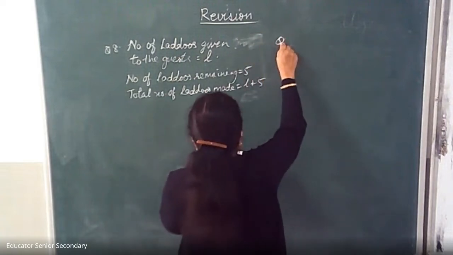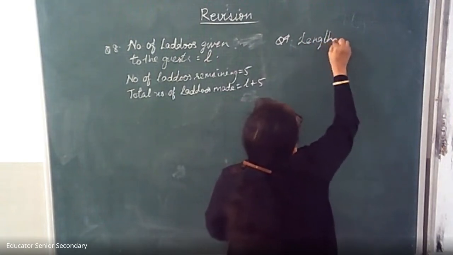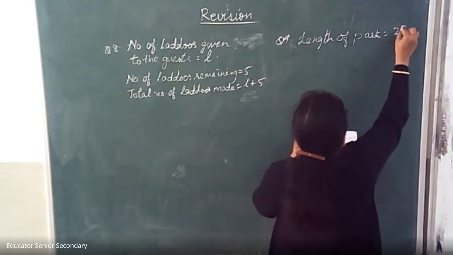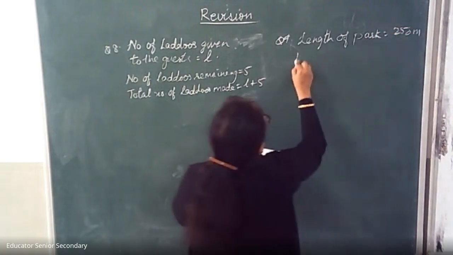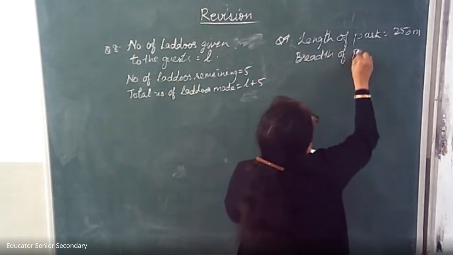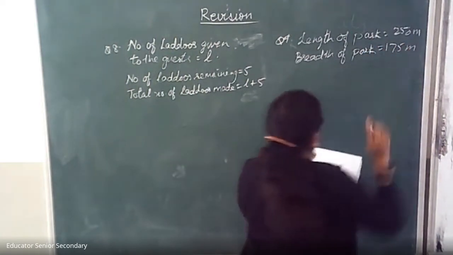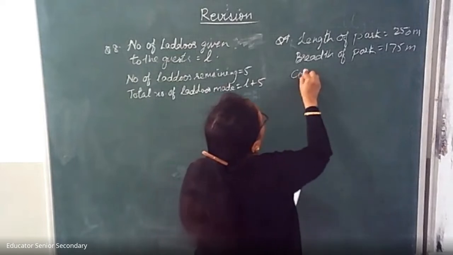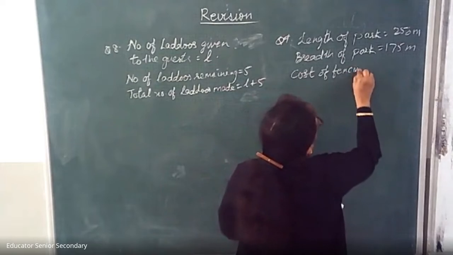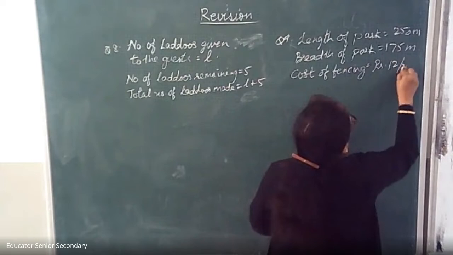It is question number 9, which is saying length of park is 250 meters, and the breadth of park or the width of the park is 175 meters. And the cost of fencing is also given. Cost of fencing is equal to rupees 12 per meter.